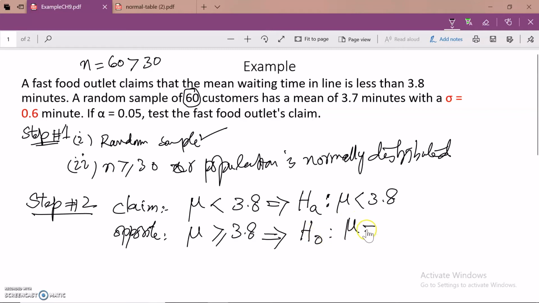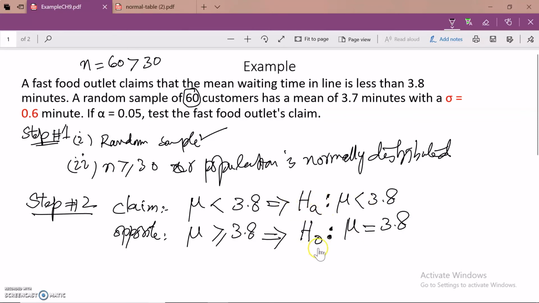Mu is equal to 3.8. We drop this greater than symbol. Why? Because the null hypothesis is always a statement of equality, right? And I will tell you the reason why this equality value will come in handy. I will show you in a minute. So this is the null hypothesis, this is the alternative hypothesis.